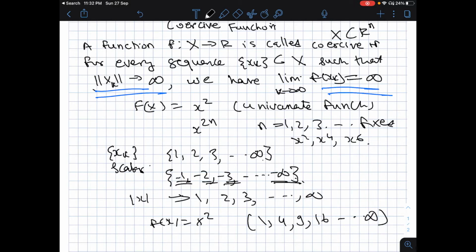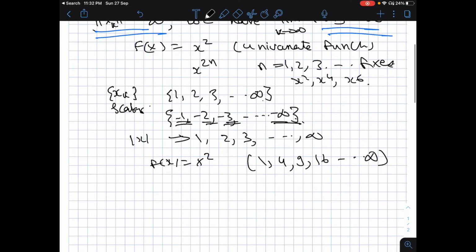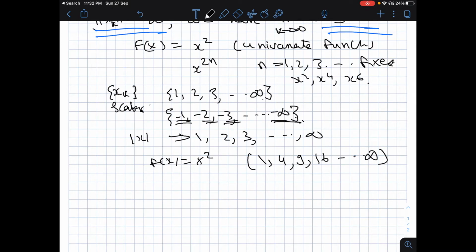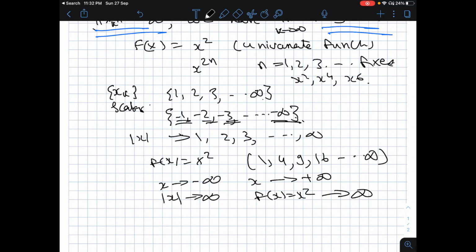This is true whether x is going to minus infinity or x is going to plus infinity. Whatever it is, the length of x is always going to plus infinity, and because f of x is like x square, it also goes to infinity. So this function is a very trivial cursive function.